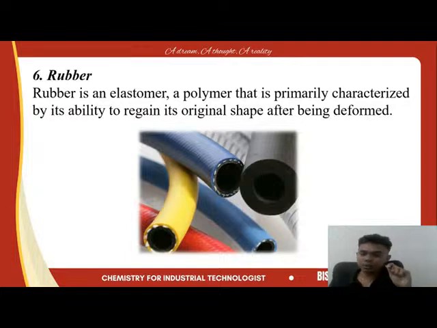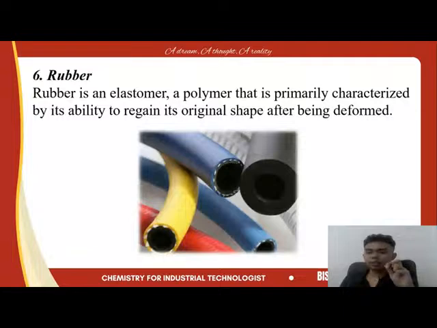Okay, a rubber is good to use aside from its stretchable property. It's also a good thing to use because it does not welcome oxidation. Okay, so dili siya matayan.